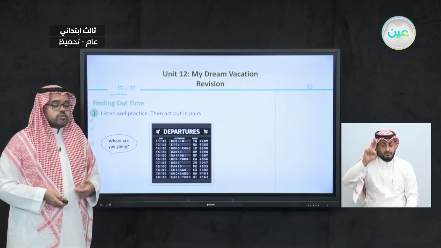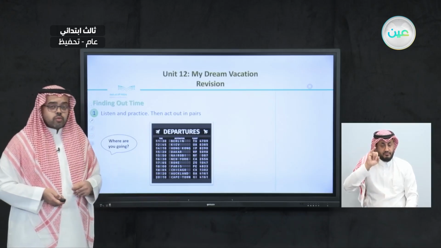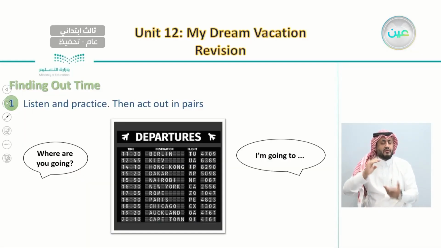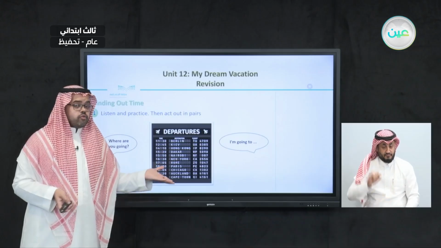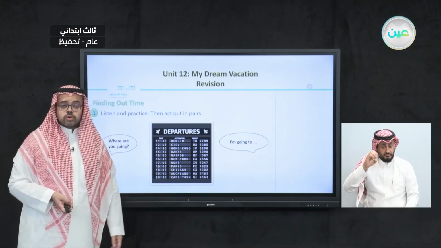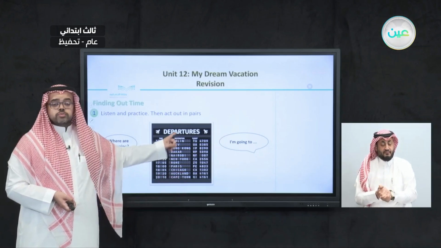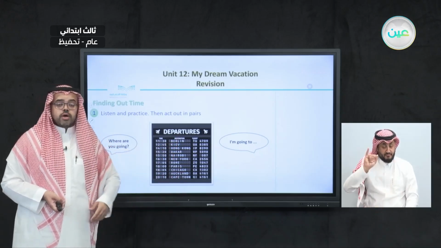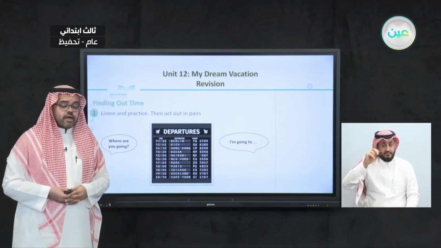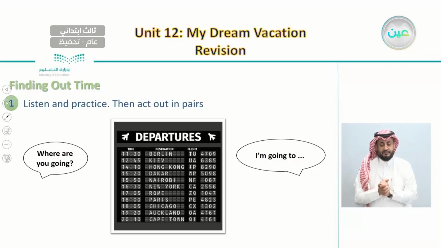And my partner will start his answer with, I am going to. For example, I am going to Rome. I am going to Auckland. I am going to Berlin. So here my partner should start his answer with, I am going to, and then name the place.